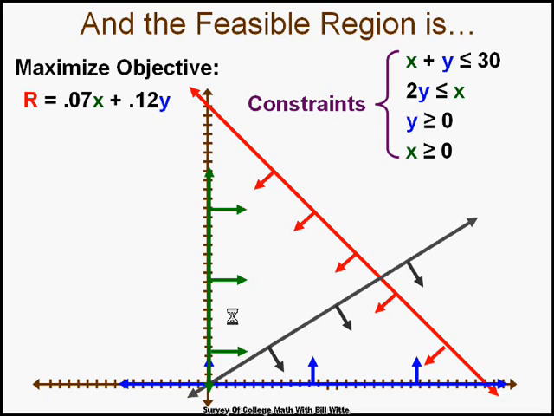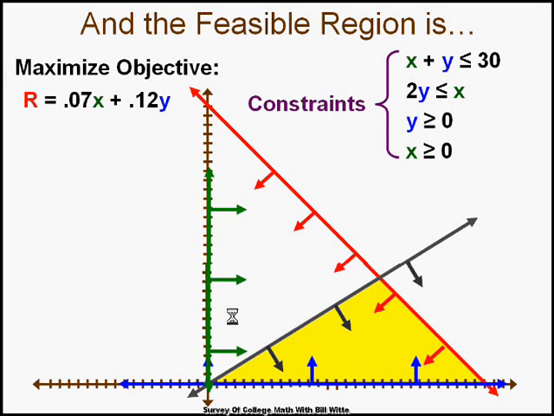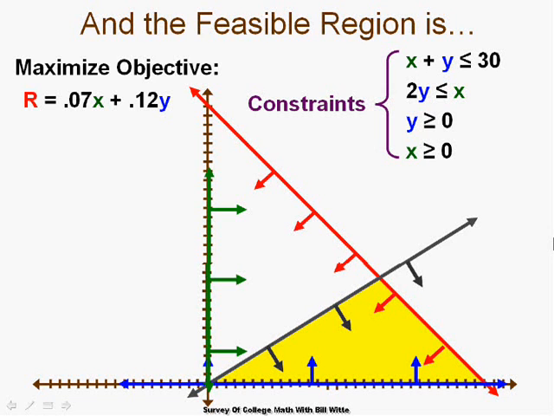Look at it. If you continued your lines on, you'd see. There it is. Remember what we call that, the feasible region. And remember what the fundamental theorem tells us, that our maximums or minimums are only going to occur at the corners.